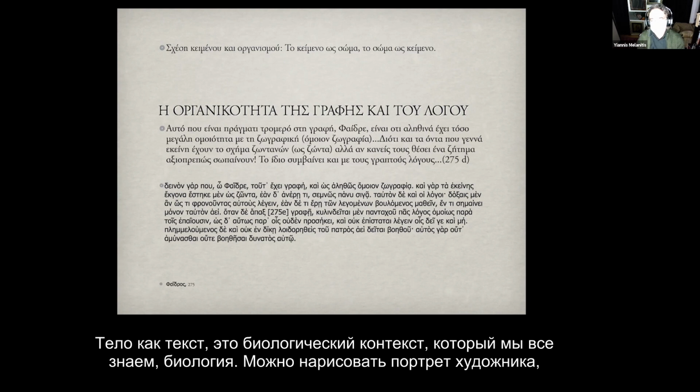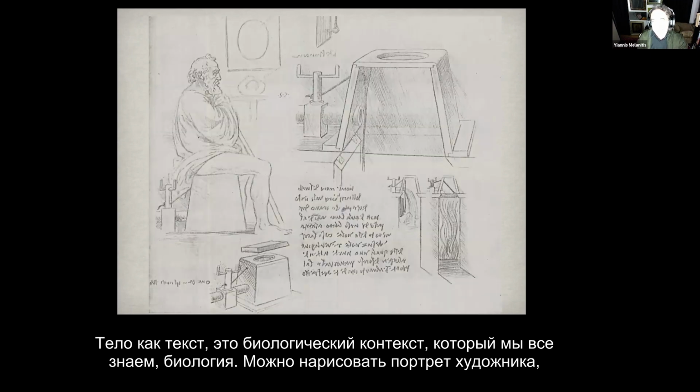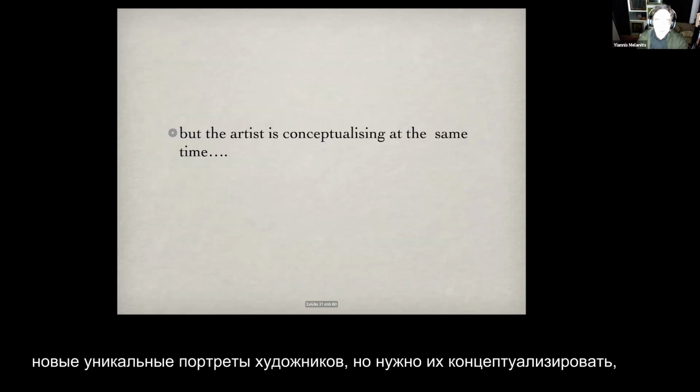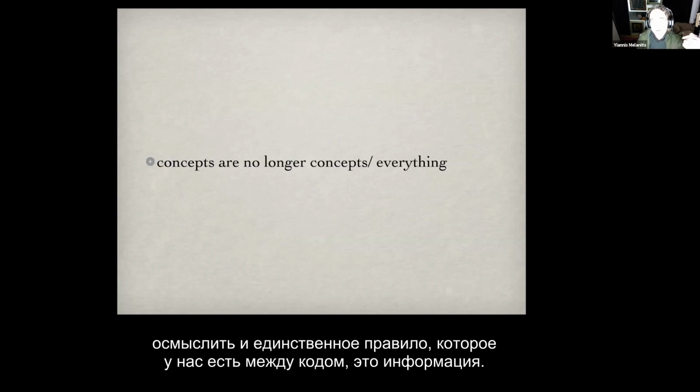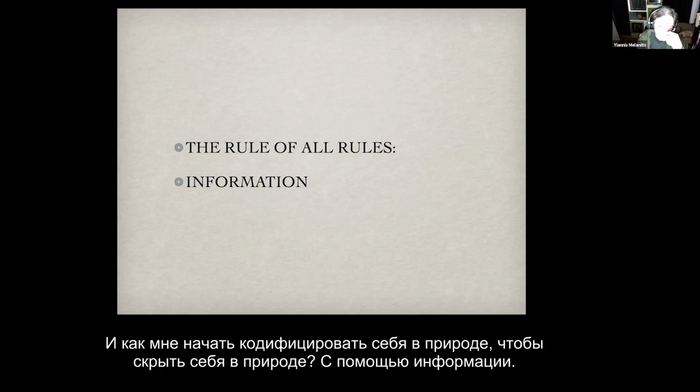The body as a text is the biological context we all know for biology. It's the genes. We can make a portrait of the artist, a new, unique portrait of the artist, but we have to conceptualize, and the only rule we have between the code is information. So how do I start codifying myself into nature, to hide myself into nature?